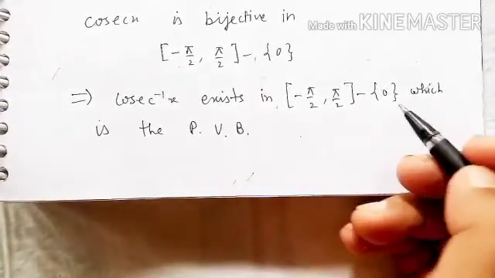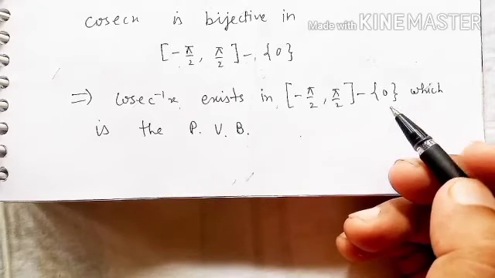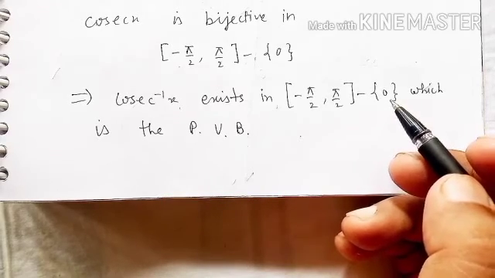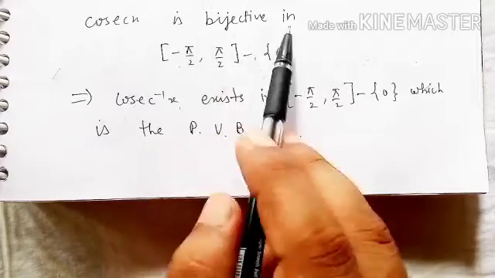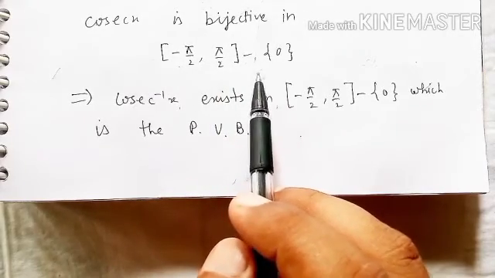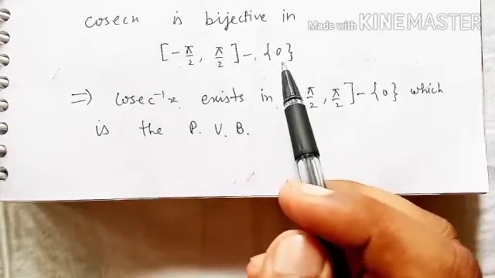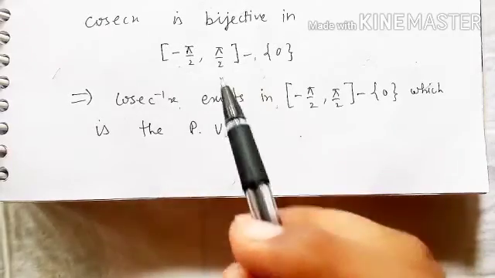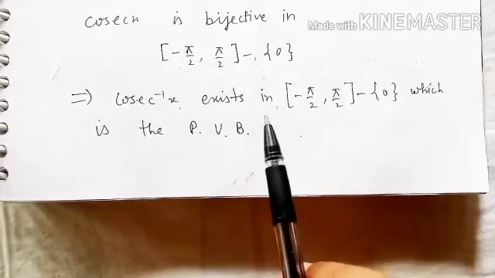This is decided as the principal value branch by the mathematicians. And here it is written that cosec x is bijective in this interval. There are also many other intervals where cosec x is bijective, but mathematicians accept this one as the principal value branch.